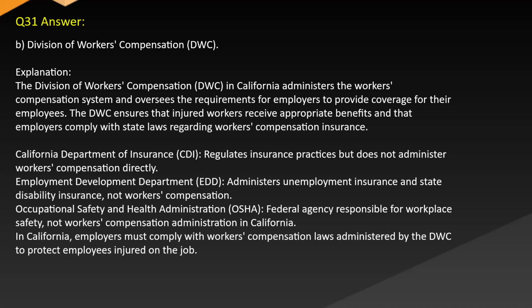Employment Development Department, EDD, administers unemployment insurance and state disability insurance, not workers' compensation. Occupational Safety and Health Administration, OSHA, is a federal agency responsible for workplace safety, not workers' compensation administration. In California, employers must comply with workers' compensation laws administered by the DWC to protect employees injured on the job.